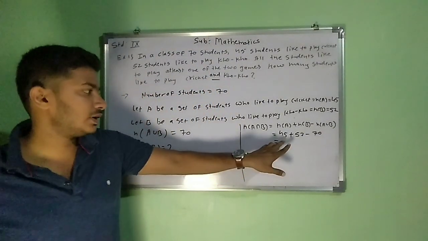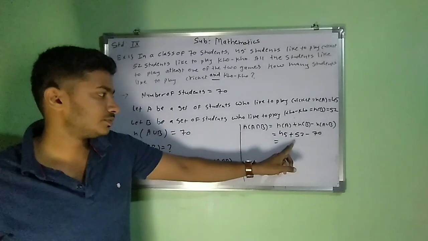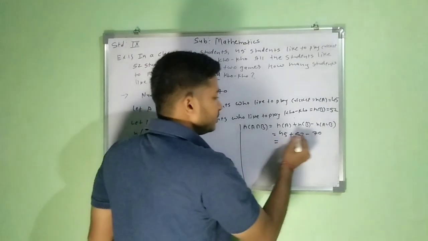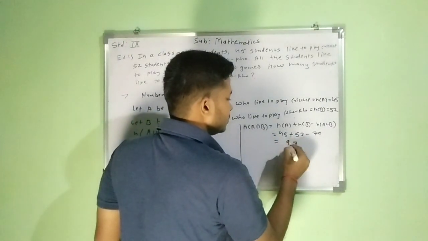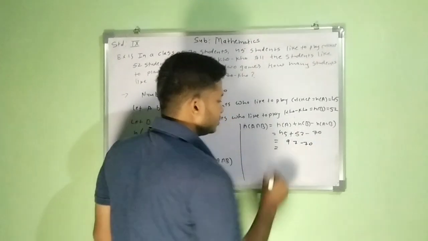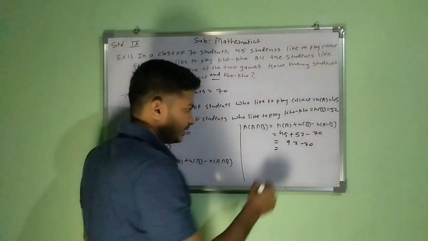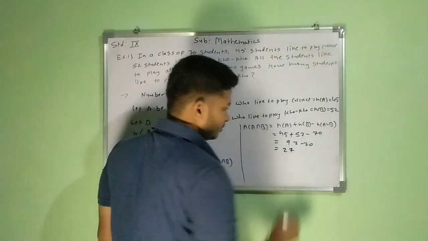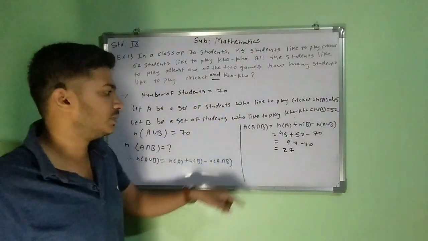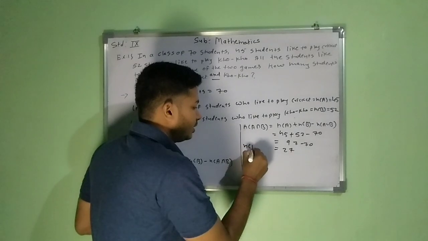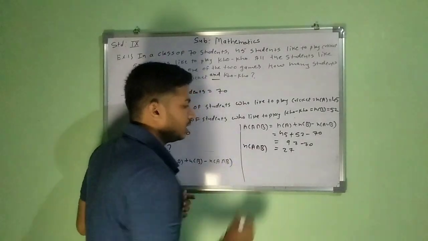If you add 45 and 52, it will become 97, minus 70, the subtraction will be 27. So here we got n of A intersection B as 27.